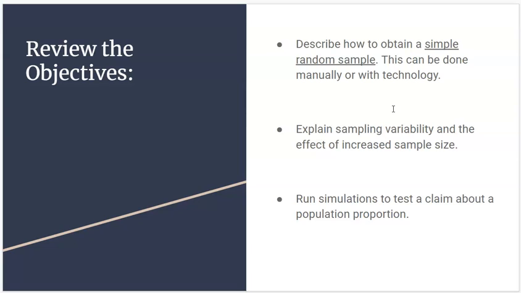Okay. And sampling variability accounts for that small difference you might see depending on how many times you run the simulation or study of whatever you're studying. And finally, running simulations or running experiments over and over again to test a claim is just to make sure that you're continuing to reflect the ideas you saw the first time you collected data. And so that's why we do that.